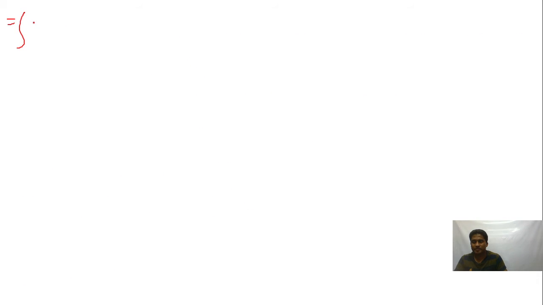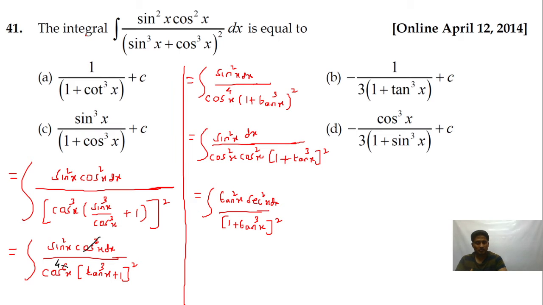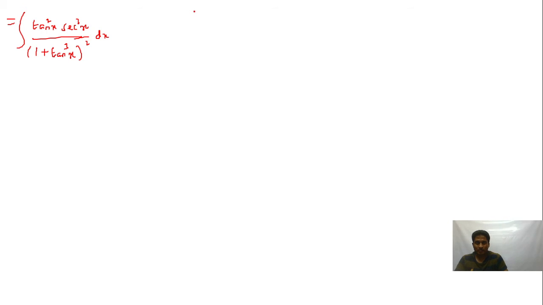So I just repeat this step. This is tan square x into sec square x upon 1 plus tan cube x the whole square, dx. Now I'll put denominator as t. I put 1 plus tan cube x is equal to t.